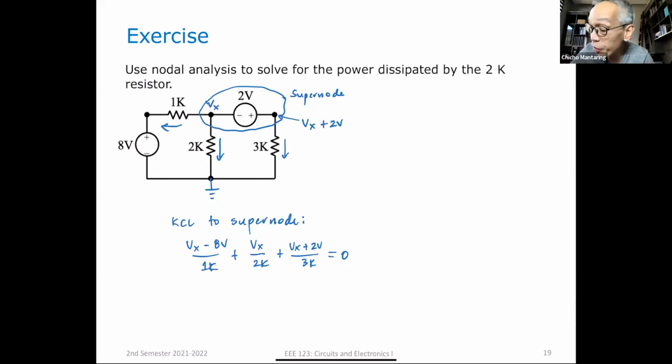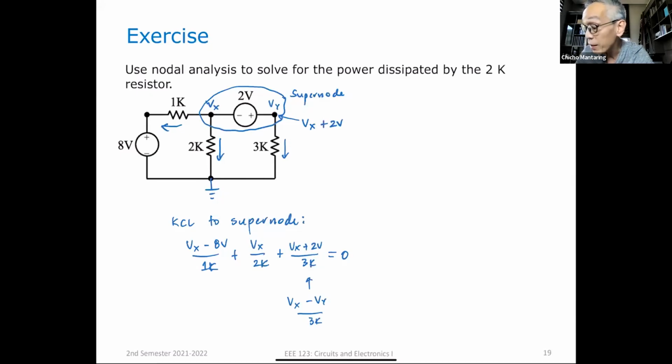If I had labeled this V of Y, then this would be V of X minus V of Y over 3K. Kasi dati-dati sa supernode, let's say this is V of Y, then this would have been V of X minus V of Y over 3K.